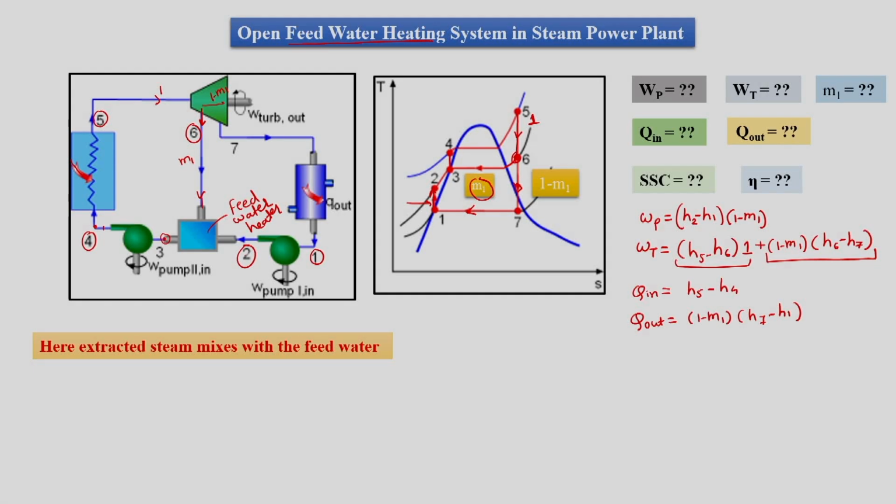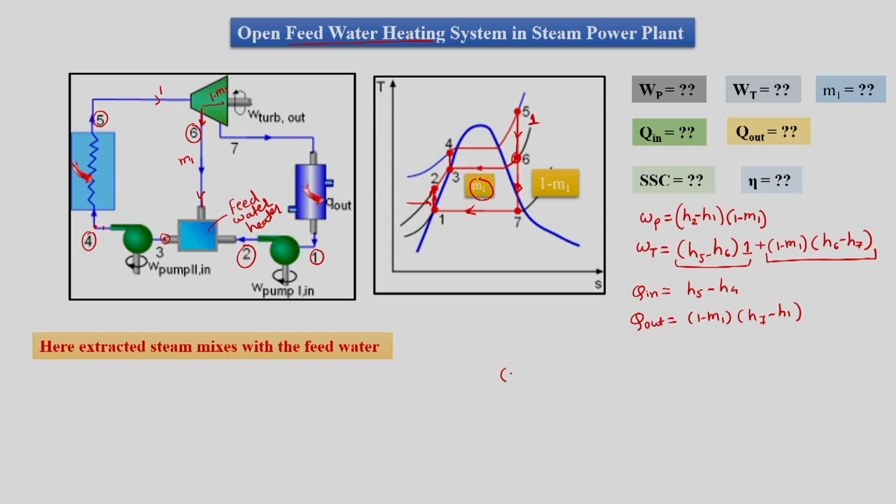So now our duty is to find m1. We have to write a mass balance, and we got that m1 mass is required to bring the water from 2 to 3 after mixing with steam. So we can write the energy balance for this state.